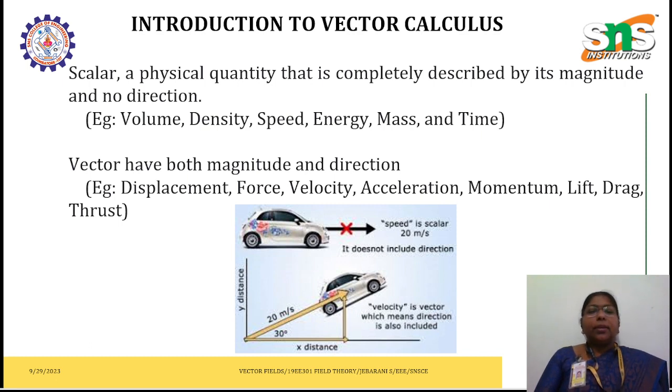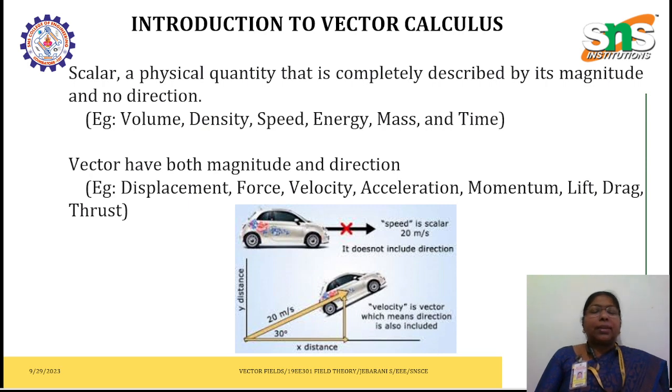In the same way, we can have a vector quantity also. When it comes to a vector quantity, we describe both the magnitude as well as the direction. The best example is force. When you mention the force, we can mention the magnitude as well as the direction of the force. The drag force, the lift force, the thrust force, all these come under vector quantity.